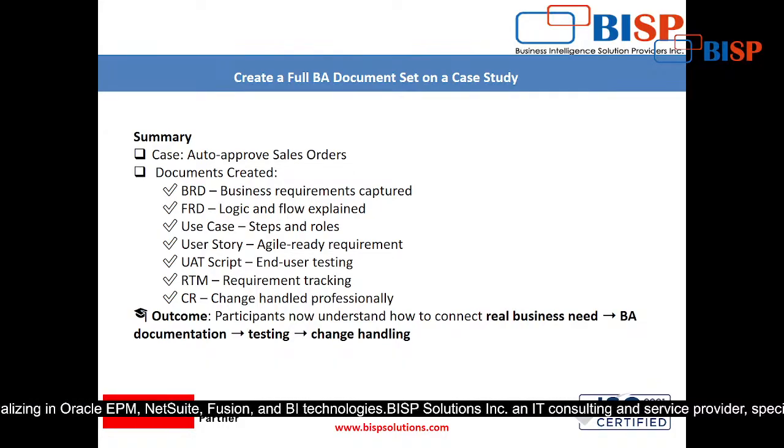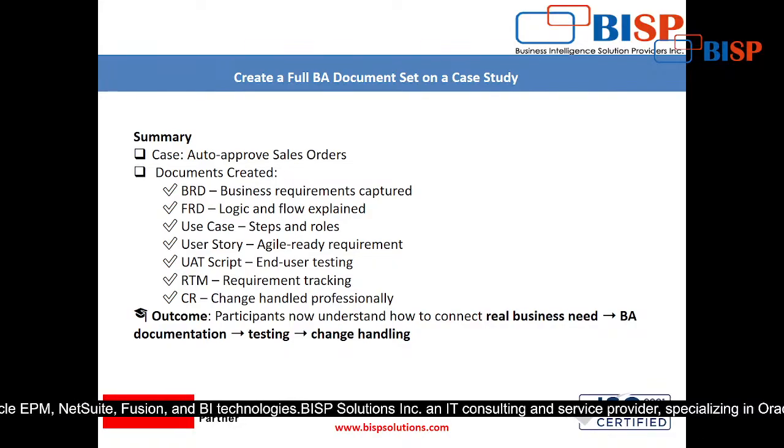See, in NetSuite or in any end-to-end implementation project, there are n number of documents, like hardly 10 to 15 documents. Okay, now here you will see BRD. Now see, you have to select the document based on the process. Now here BRD is required. Okay, business requirement captured, FRD logics and flow explained, use cases, steps and roles.